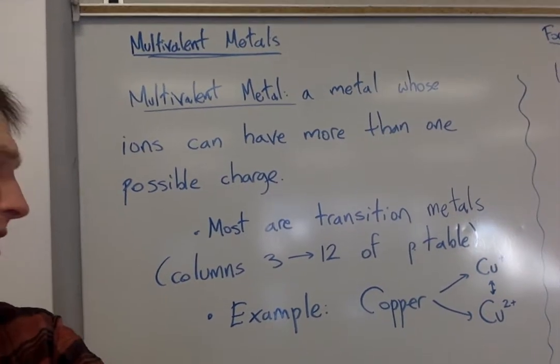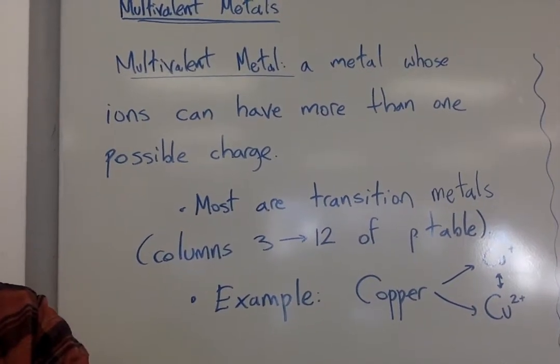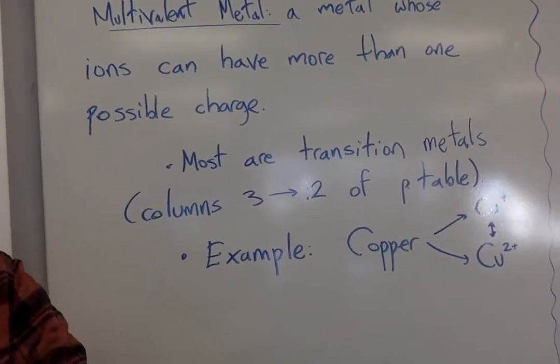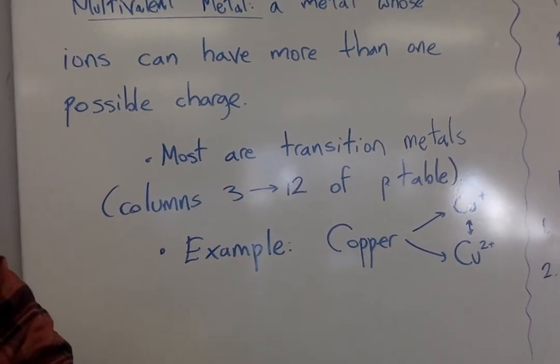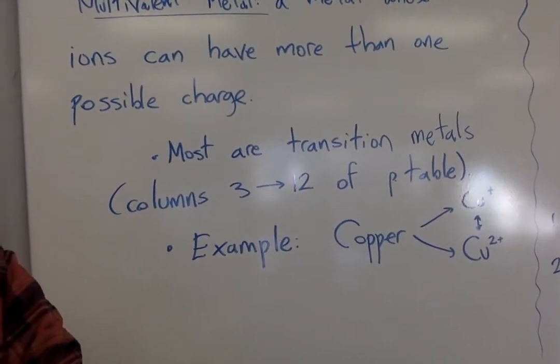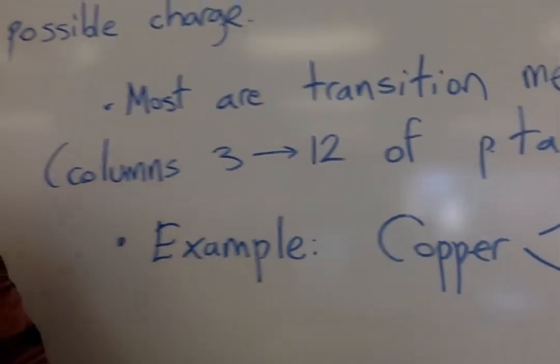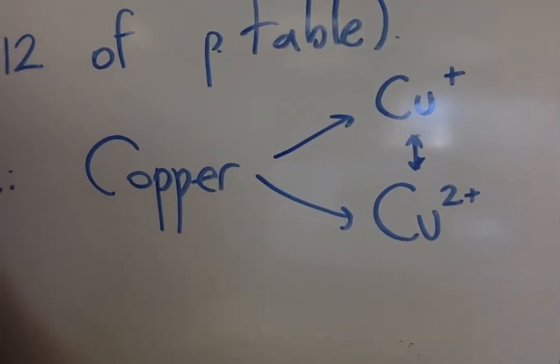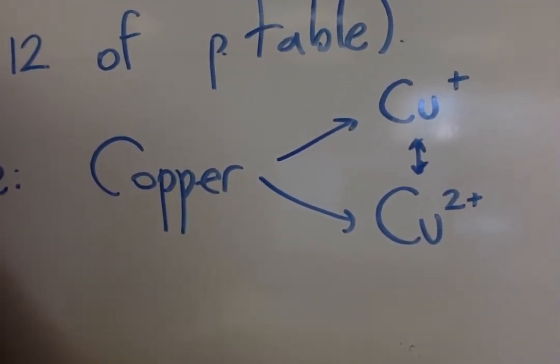That is, stable ions. Most of them are transition metals, so copper, columns 3 to 12. Copper is an example. Copper as an element can lose 2 electrons, or it can lose just 1 electron.